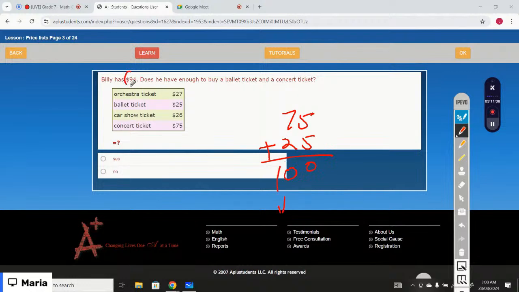So that means no, $94 is not enough to buy both tickets, right? So the correct option is no.